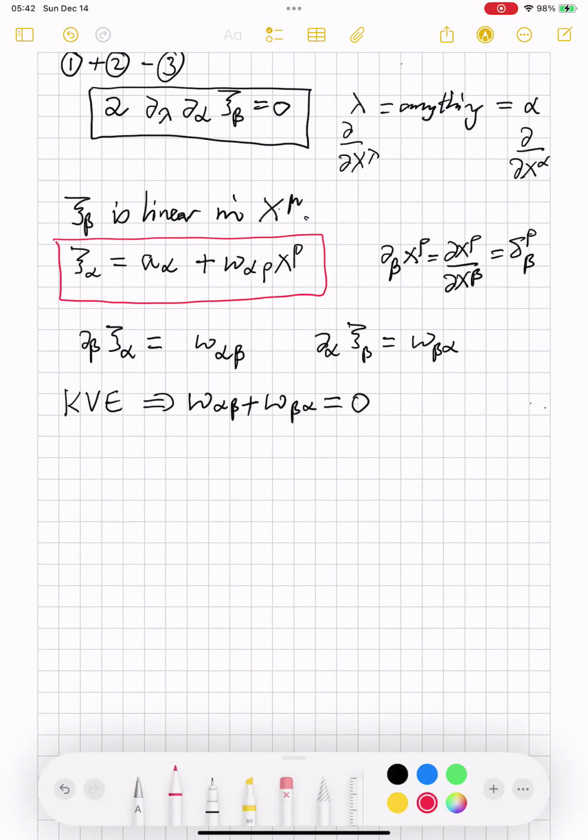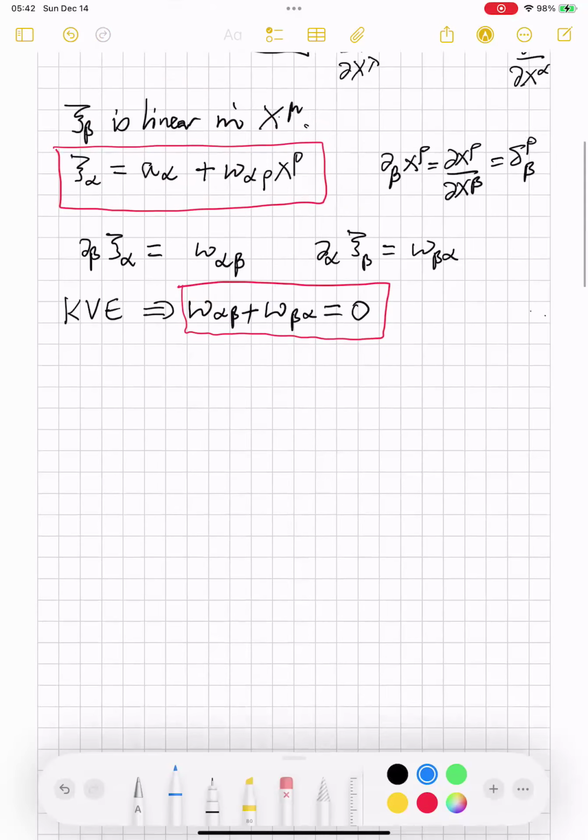So this is now the solution to my Killing vector equation. It's those two red boxes. Zeta alpha is A alpha plus omega alpha rho x rho, and omega alpha beta plus omega beta alpha is equal to 0. Let's try to get some insight into whether this makes sense or not.